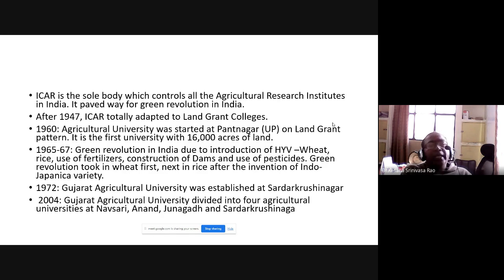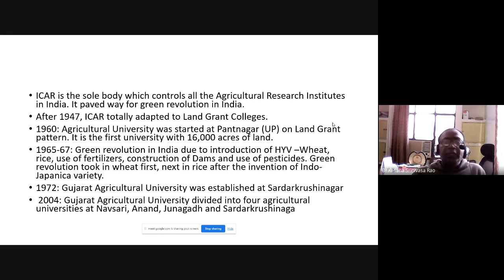The Green Revolution in India, due to the introduction of high yielding varieties in wheat and rice, use of fertilizers, construction of dams, and use of pesticides, took place in 1965 to 67. This was one of the greatest revolutions in Indian agriculture.